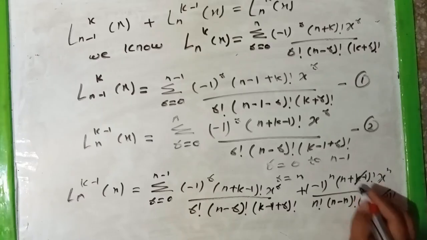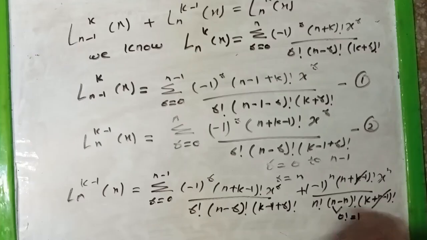So this term is cancelled out, and this term is equal to 0 factorial, which is equal to 1.